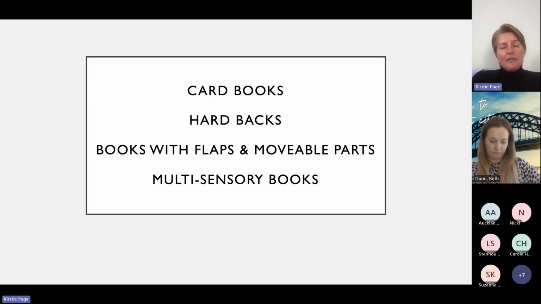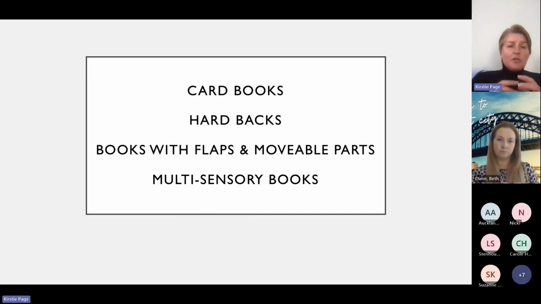And in particular for children who find it more difficult to listen to and engage with books and stories, and certainly for children who really, really struggle to listen to stories in groups, do I have books with flaps? Do I have books with movable parts?